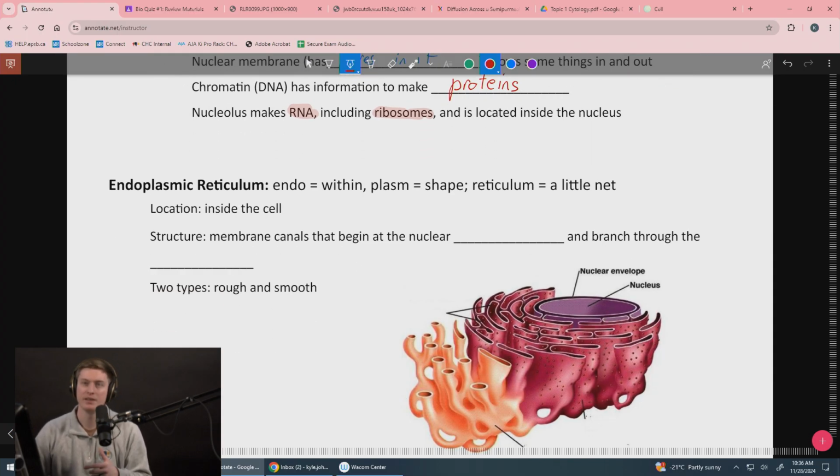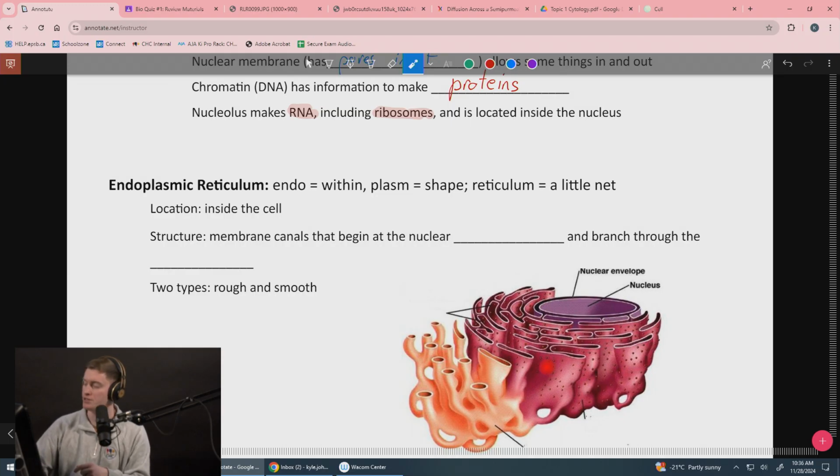Next organelle, the endoplasmic reticulum. Well, you can break that word down here. Endo means within. Plasm refers to the shape or the fluid inside the cell. So it's like within the cytoplasm, and it is a reticulum, which is a net. The endoplasmic reticulum has a smooth side and a rough side, or not really a side, a smooth part and a rough part.